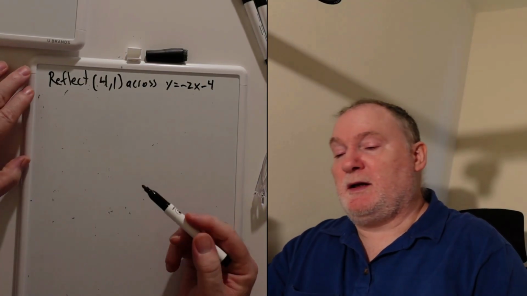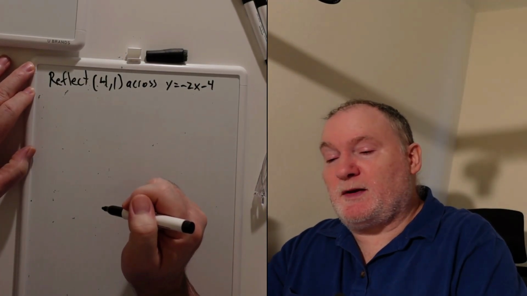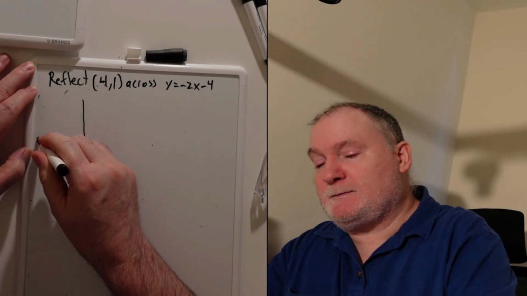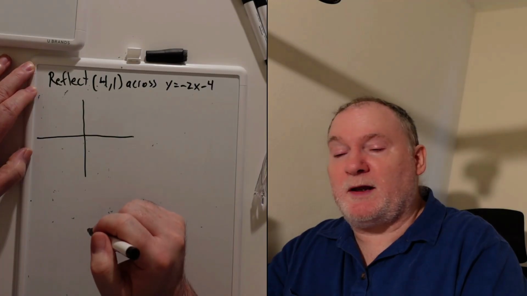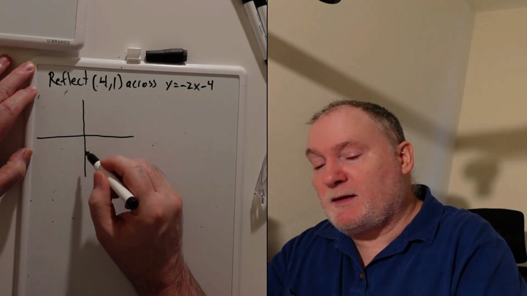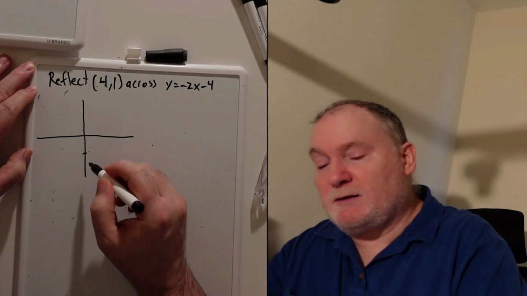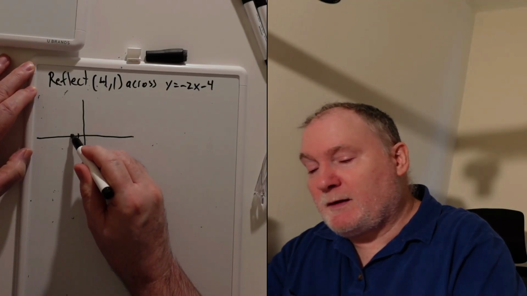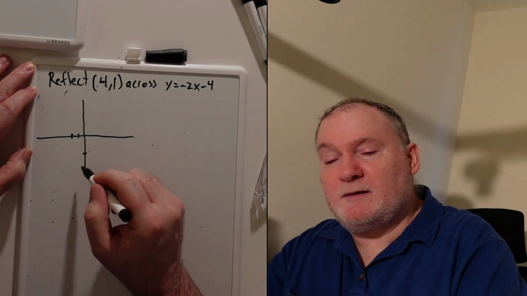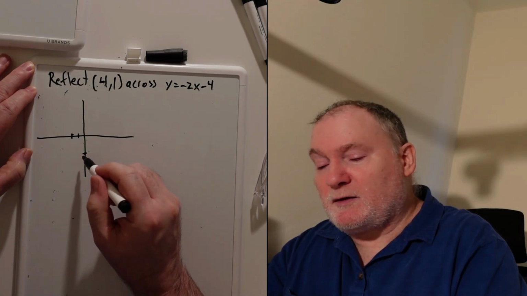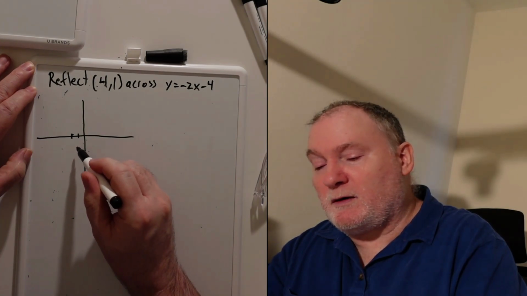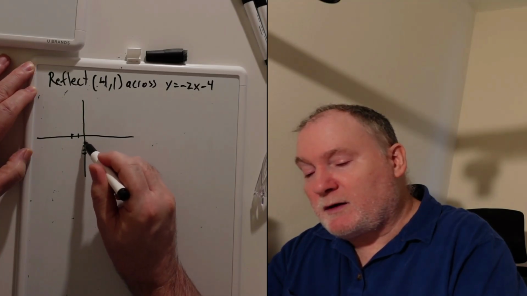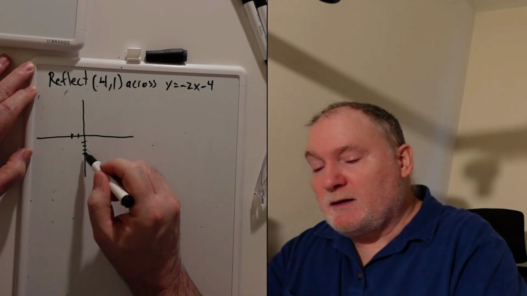There. All right. So we'll graph this line. And it's minus 4. So let's put that here. And negative 2x will be about there. So let's put our tick marks like so.